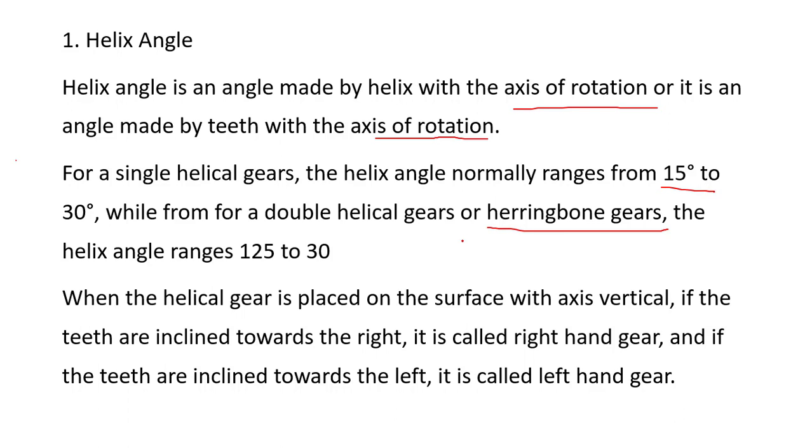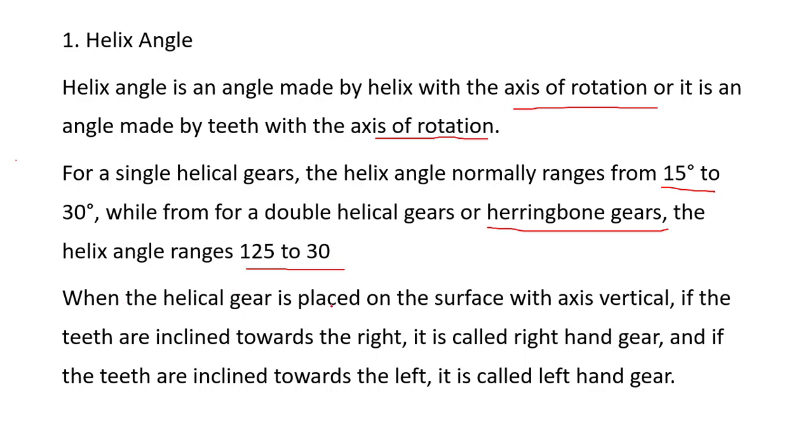In herringbone gear we will use two helical gears, one left handed and the other right handed, so that the axial thrust can be vanished. In herringbone gear the helix angle is generally 12.5 to 30 degrees.